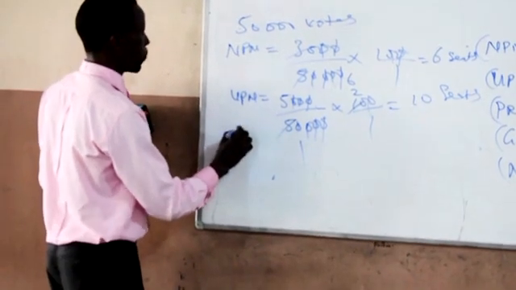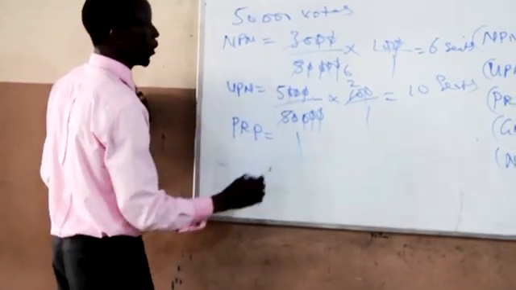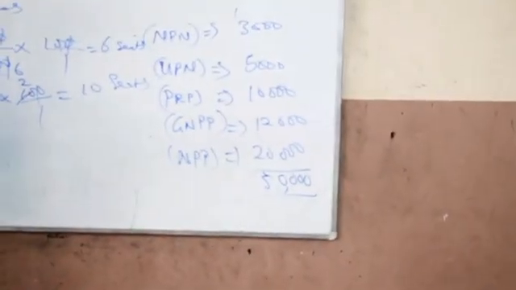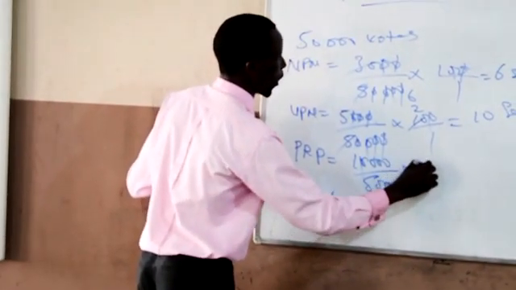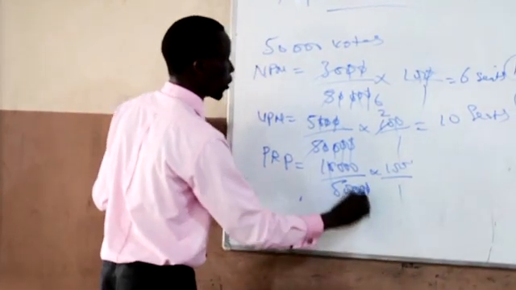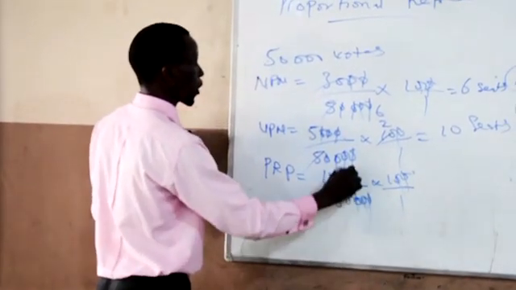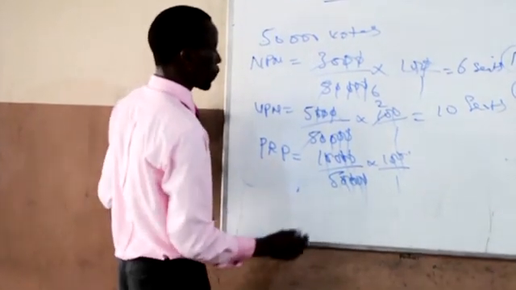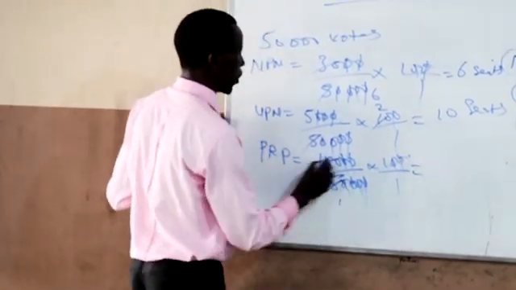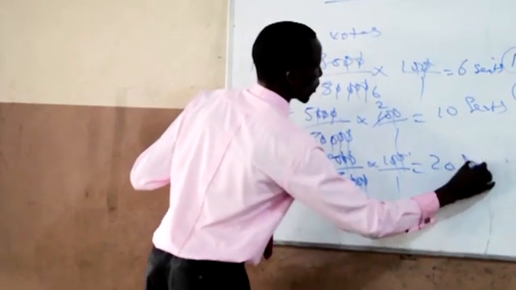Then you have the PRP. The PRP has 10,000 votes over 50,000 multiplied by 100 over 1. This cancels this, and this also cancels this, so you are left with 100 over 5, and that gives you 12. Hold on, that gives you 20 seats by direct division, but as stated, 12 seats.